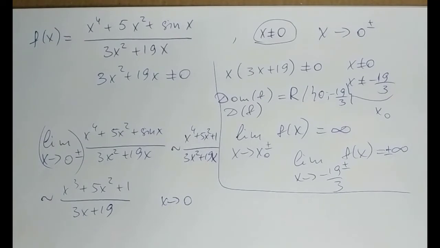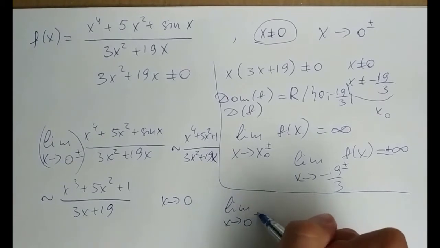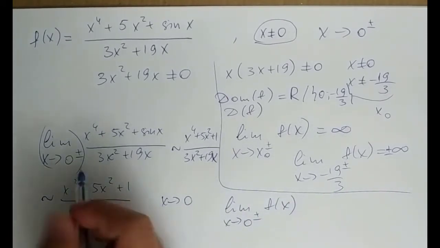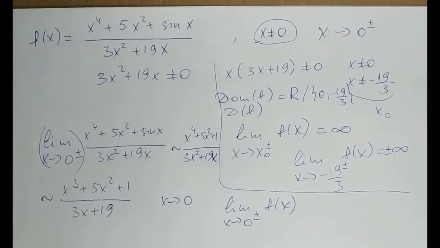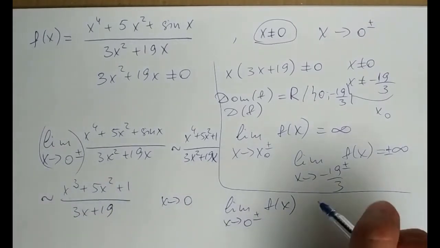And now the one-sided limits of this function, limit as x tends to 0 plus and minus of f of x. Here we can see it tends to 0 plus 0 plus 1 over 0 plus 19, it's just 1 over 19.